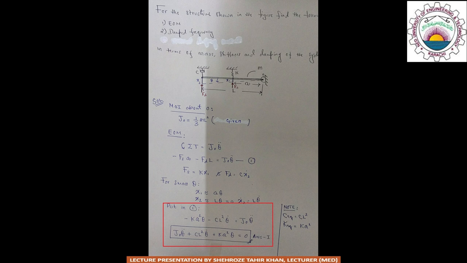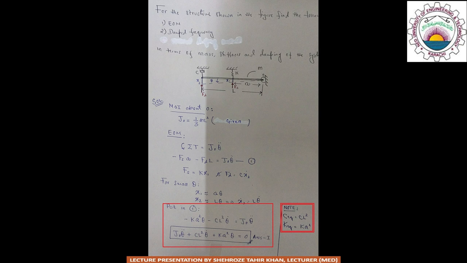Please note that in this final equation of motion, the term Cl square refers to the equivalent damping constant, that is C equivalent, while the term Ka square refers to the equivalent stiffness, that is K equivalent.